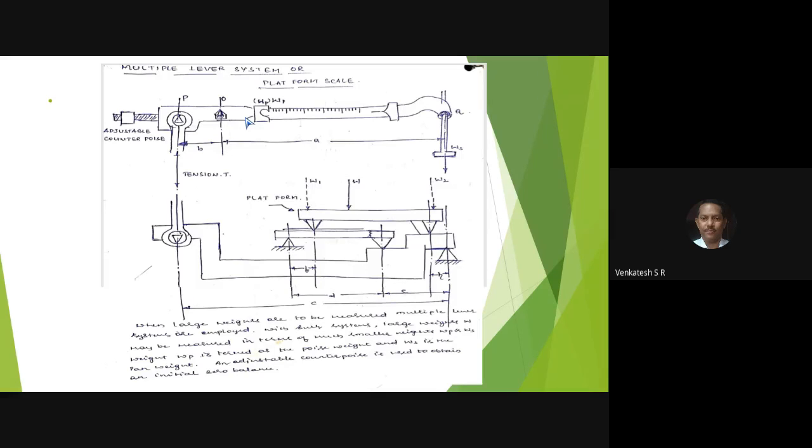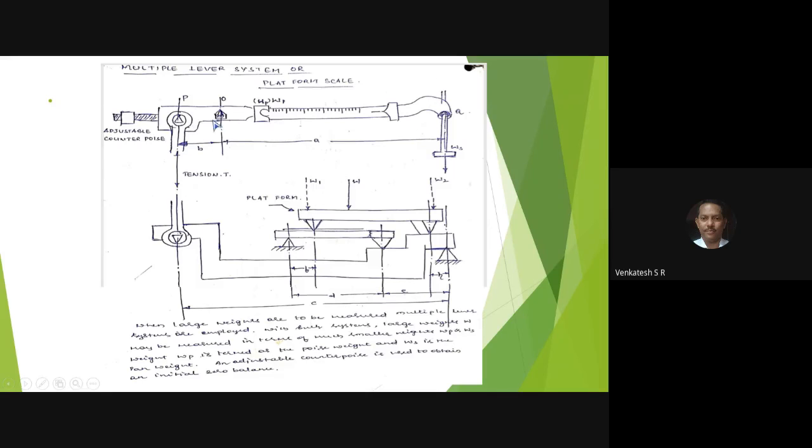There will be a provision for the beam to oscillate up and down. When the beam comes to a standstill in the horizontal position, that is the measurement.